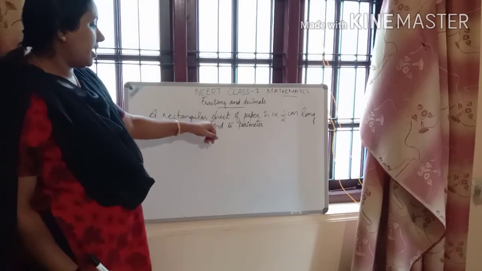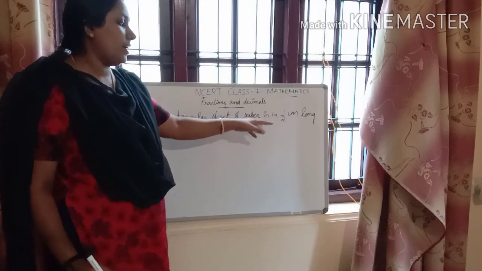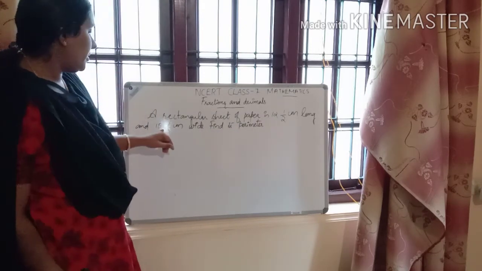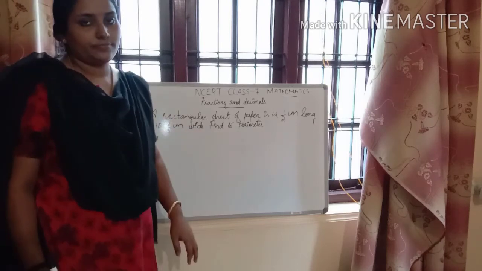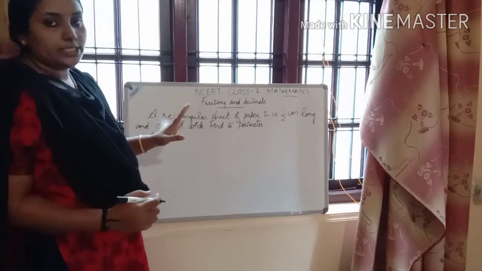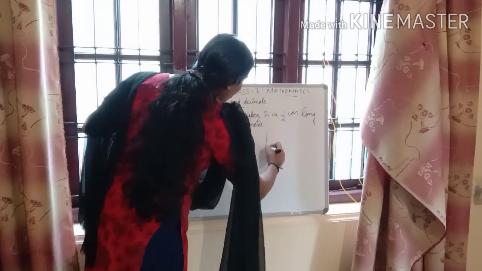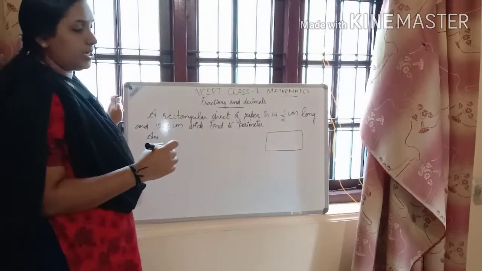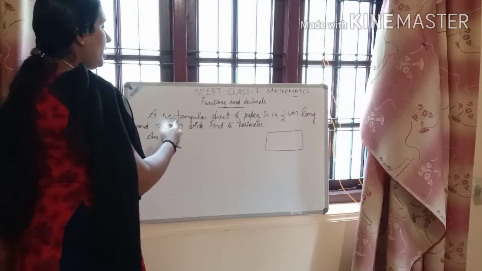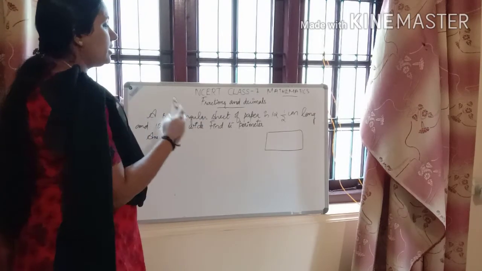A rectangular sheet of paper is 12 1 by 2 centimeter long and 10 2 by 3 centimeter wide. Find its perimeter. A rectangular sheet means rectangle. A rectangle 12 1 by 2 centimeter long.